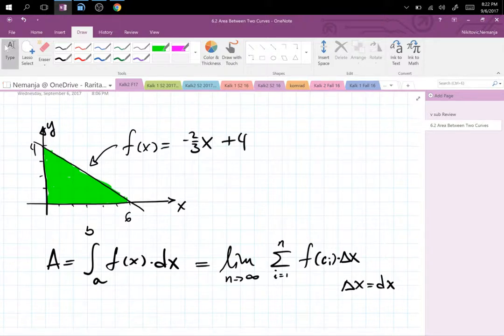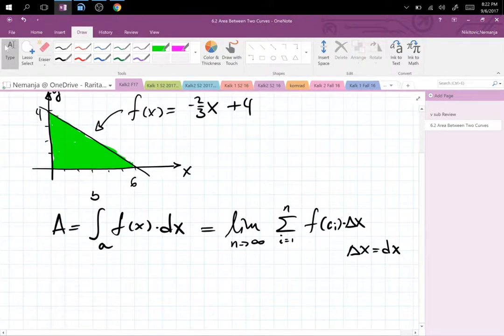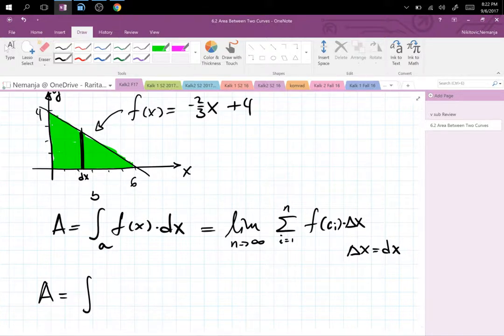So now when you are looking at this triangle, you have a function, and to find its area, you draw a representative rectangle that has the width of delta x and has the height of f of x. And you see that this dx travels from the y-axis, which is x is 0, to x is 6.